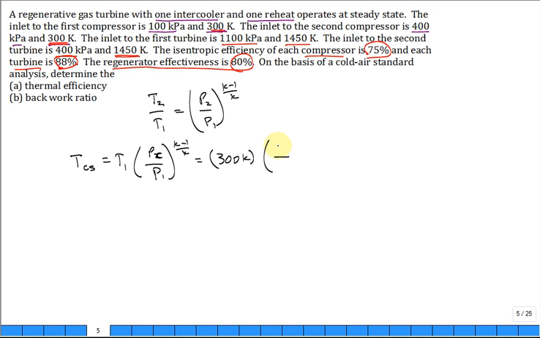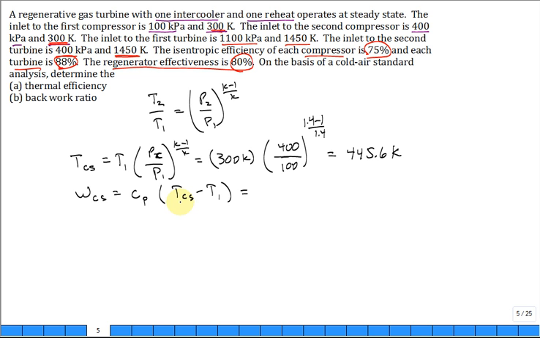Pressure at C is 400 kilopascal, and the pressure was 100 kilopascal. And then you have the 1.4 minus 1 divided by 1.4, and you get a temperature that jumps from 300 to 445.6 Kelvin.